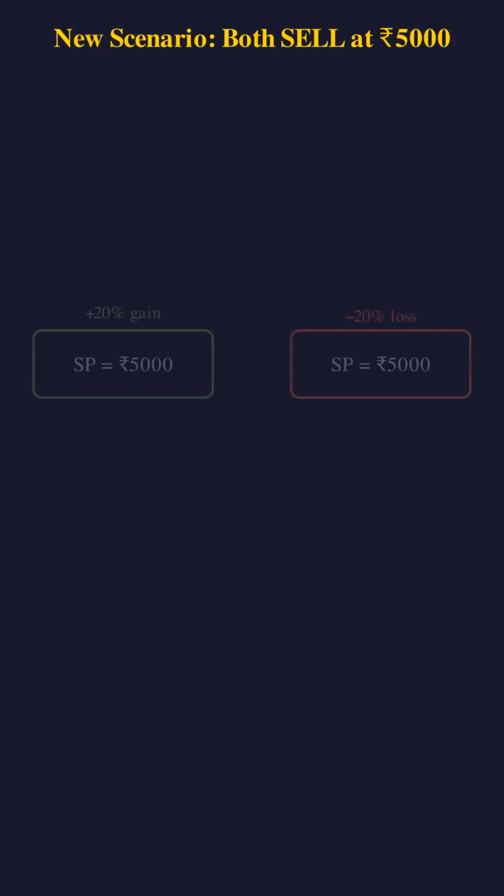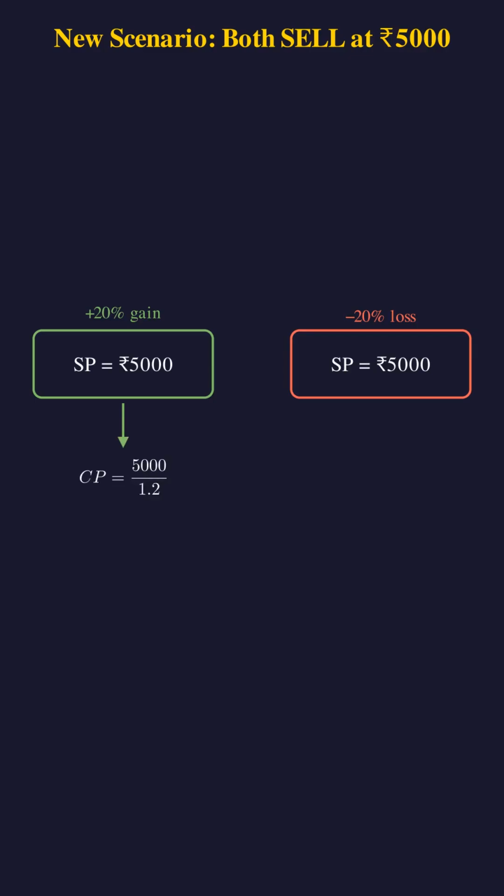What if instead he sells both at 5,000 each? One at 20% gain, one at 20% loss. Now the cost prices are different.